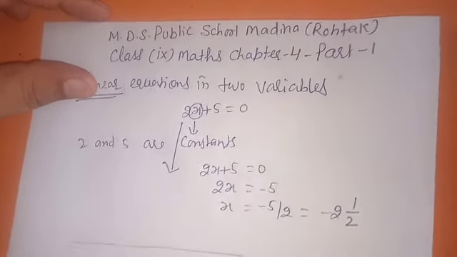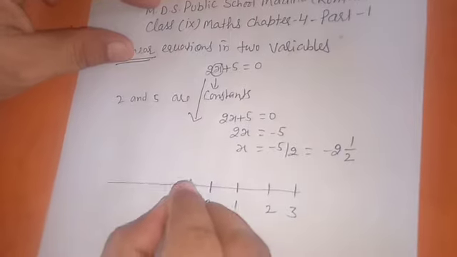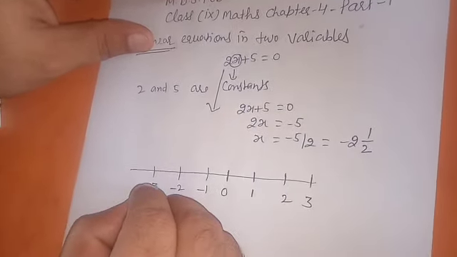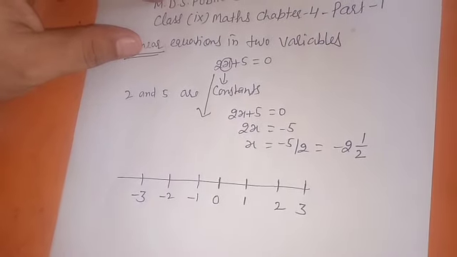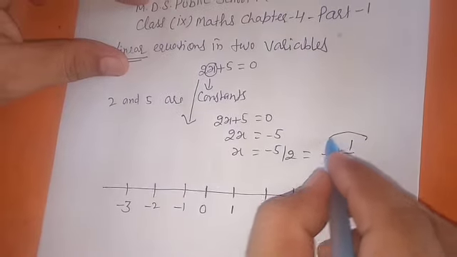How can you represent this on number line? This is a number line, you know. In between this number line, 0. On the right side it's 1, 2, 3. In the left side minus 1, minus 2, minus 3. Understood? This number is where lying?